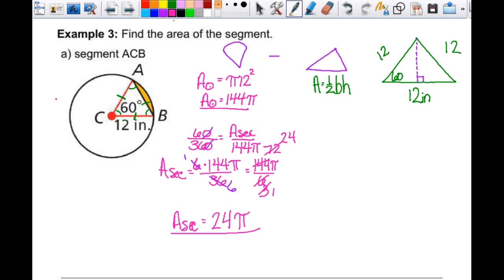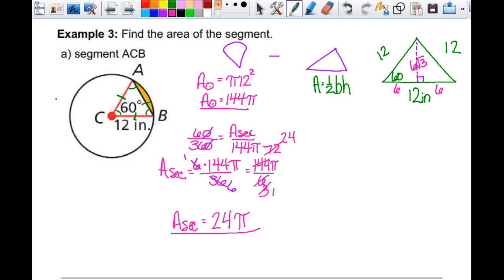So 30, 60, 90 triangle. If this is 12, this is 6, this is 6, what's the height? 6 square root of 3. Got to know that. Bam, bam, bam.